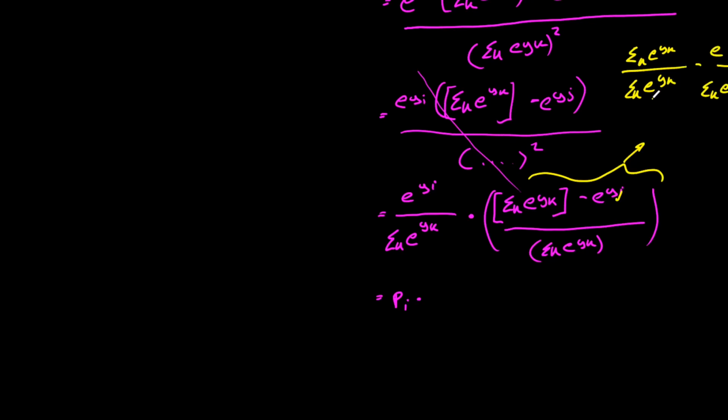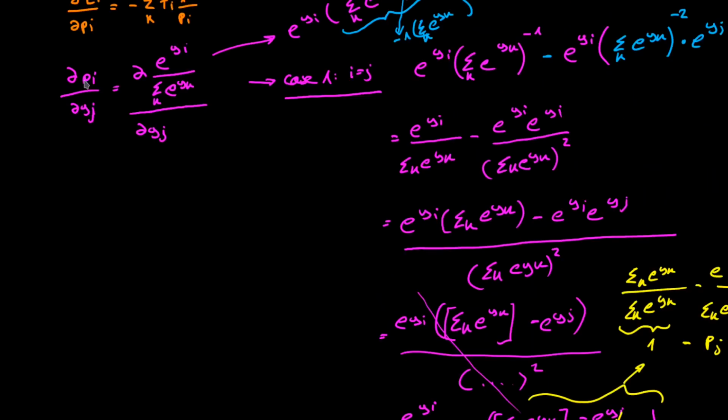As we can see here, this becomes 1 because it's an element divided by itself, minus softmax activation of class j, sorry, because there are not elements in the mini batch but classes, because we are deriving with respect to a single sample. So this whole thing becomes 1 minus p_j. And this is the derivative of p_i with respect to y_j when i equals j.